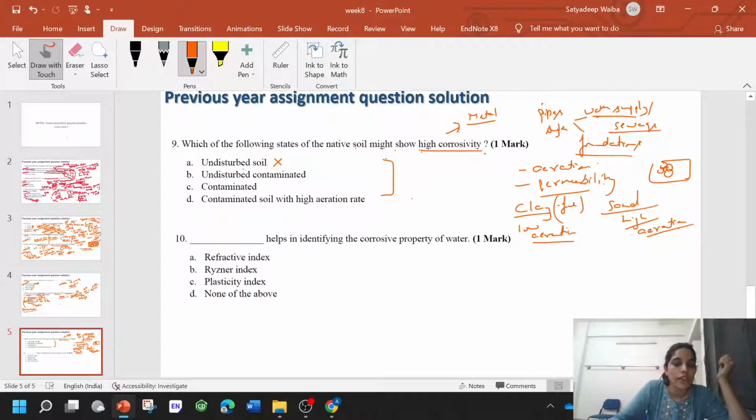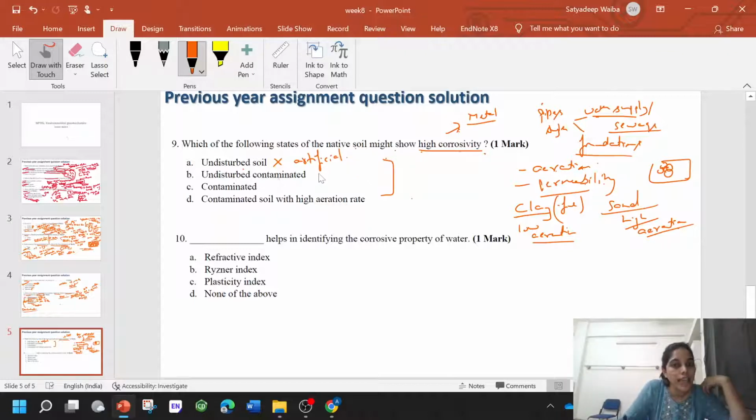If the soil is undisturbed, it means no artificial or man-made factor is affecting it. Whatever that soil has is its innate quality. We are not causing any further damage to the soil, so it does not have high corrosivity. Artificial could also be via animals. If animals walk over it or eat grass, they can also lead to aeration, which means more pore spaces and hence high corrosivity.